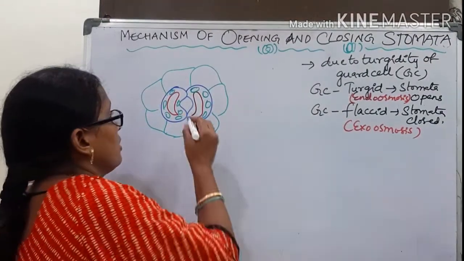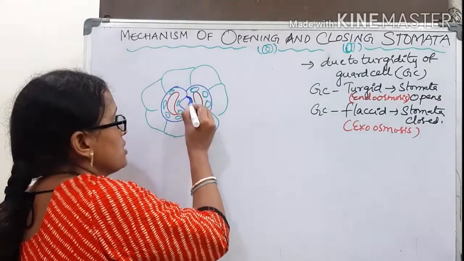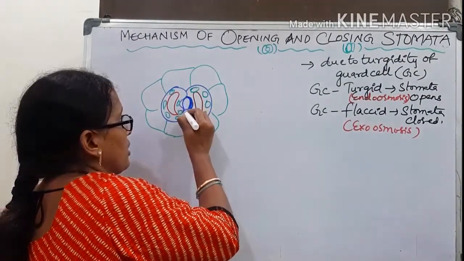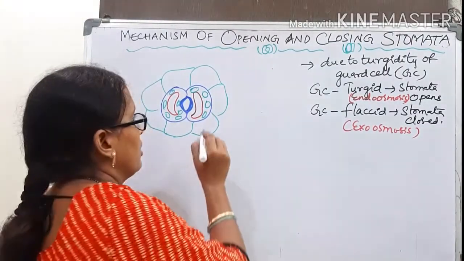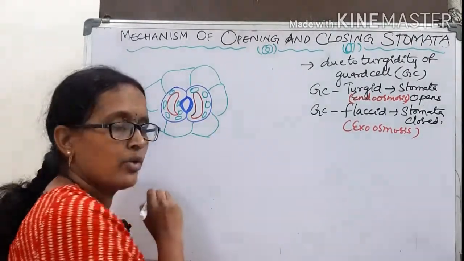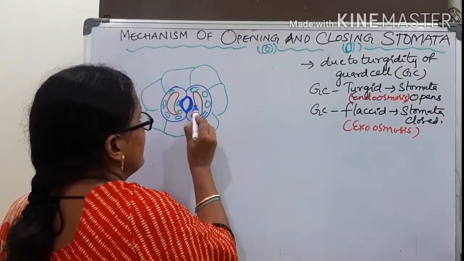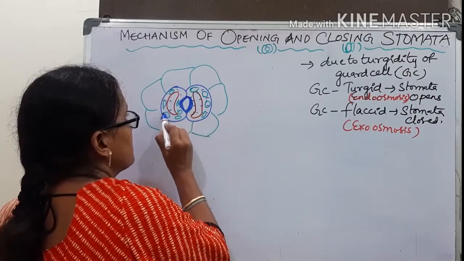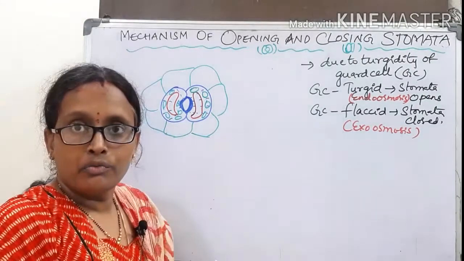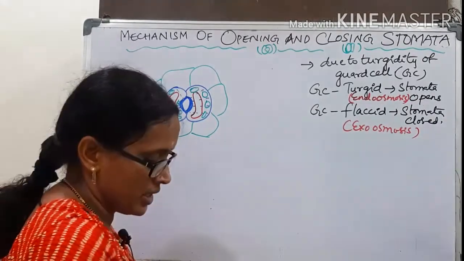Towards the pore, the guard cells have thicker walls, and some radially arranged microfibers are there, which help in the opening and closing of stomata.